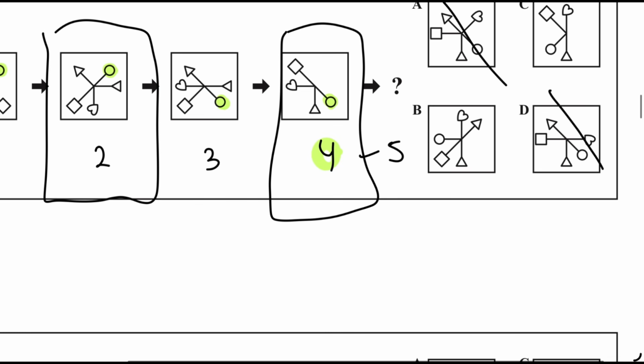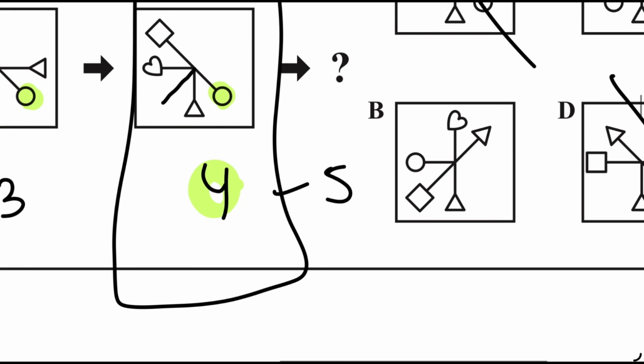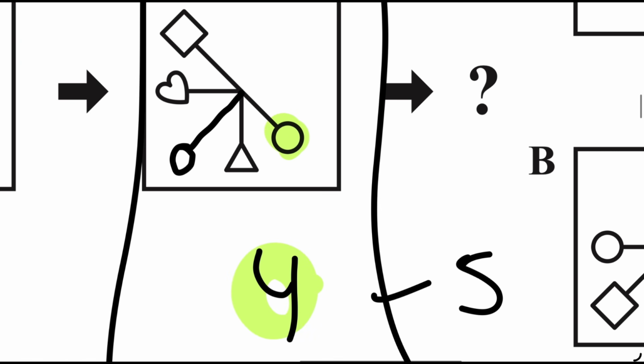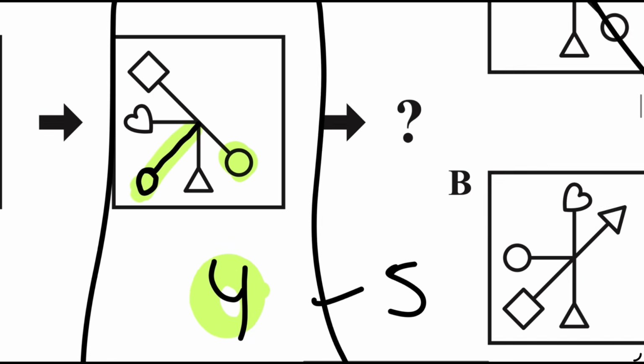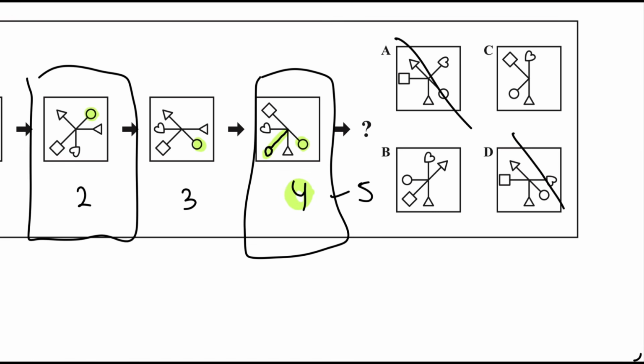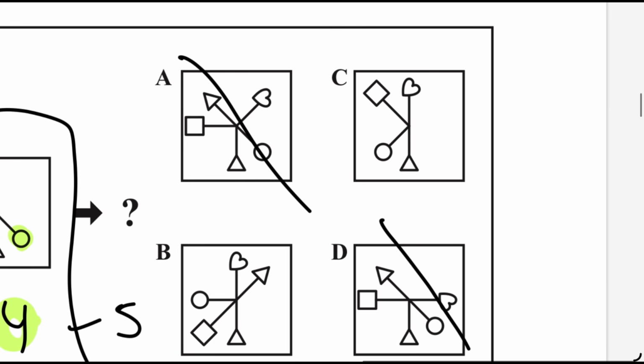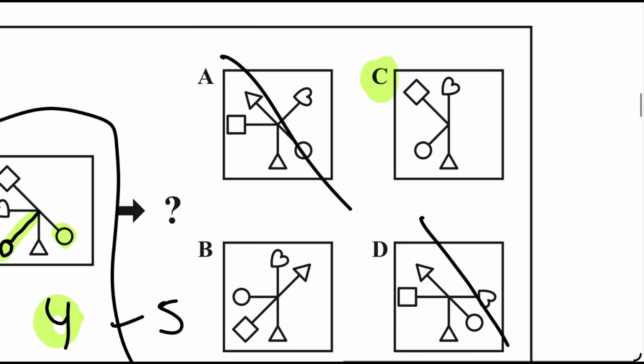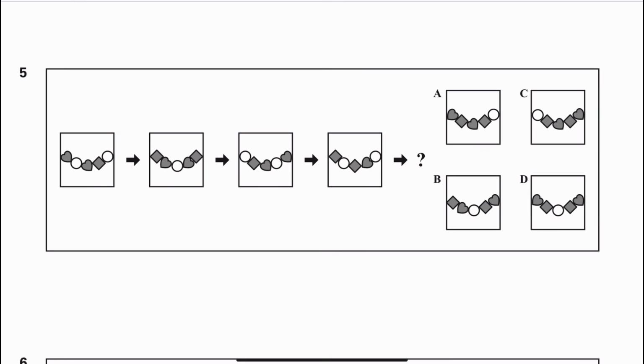How much is it moving? 90 degrees. So the circle should move 90 degrees such that it ends up over here. Which one has that kind of option? C or B? C. So C is our answer, and B is wrong.